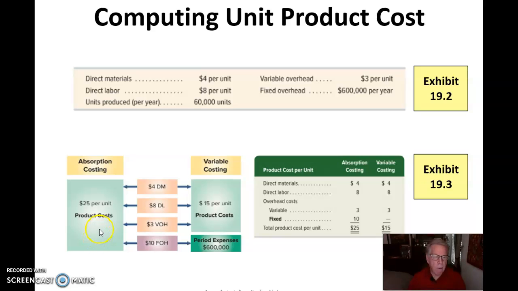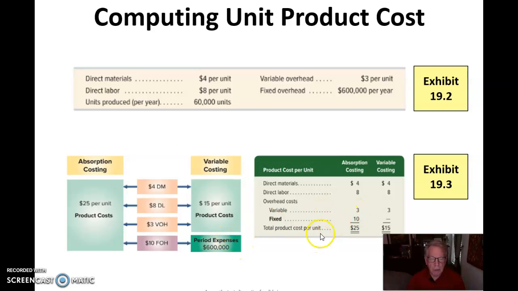And if we walk that through a little further, you'll see that we only expense that when we actually sell the products, and we debit cost of goods sold and credit finished goods inventory. Whereas if it's a period cost, it's going to be expensed in the current period, which may or may not be the same period in which the cost of goods would have been sold.